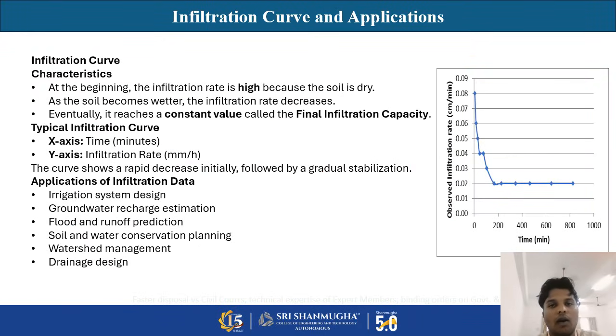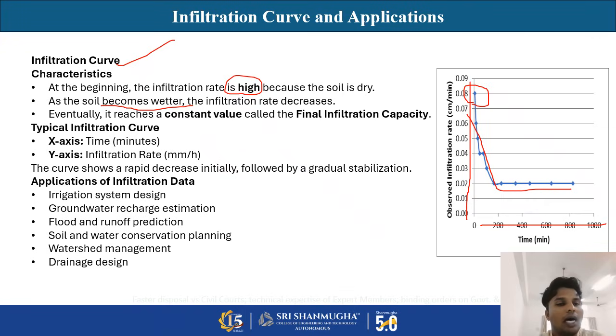So, the infiltration curve and application. Based on the values we take in the field, we plot the curve. That is called the infiltration curve. At the beginning, infiltration is high because the soil is in a dry condition at the initial stage. As the soil becomes wetter, infiltration decreases. You can see the curve line going downward.